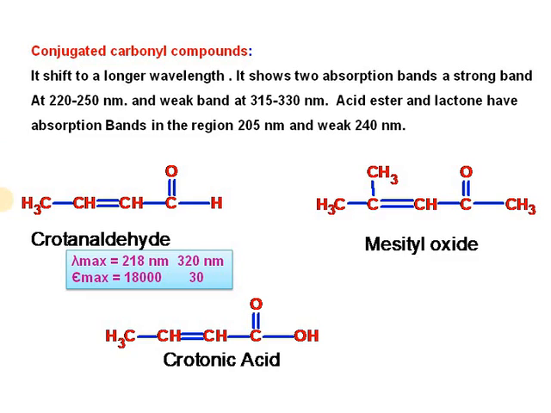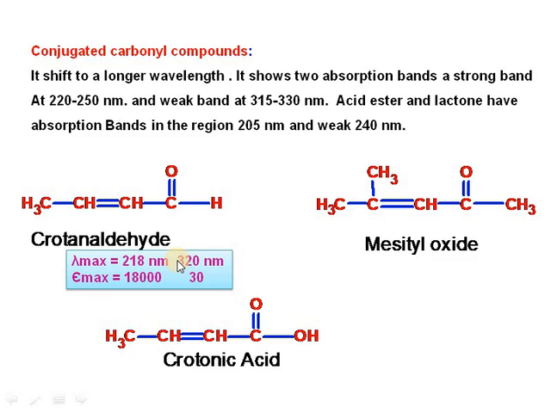This is conjugated, sorry, not dienes: the carbon-carbon double bonds are conjugated with the carbonyl carbon. So there is extended conjugation with this carbonyl carbon, therefore the value still increases, right? 218 nanometers to 320 nanometers.